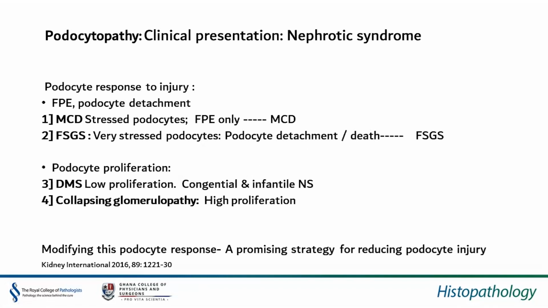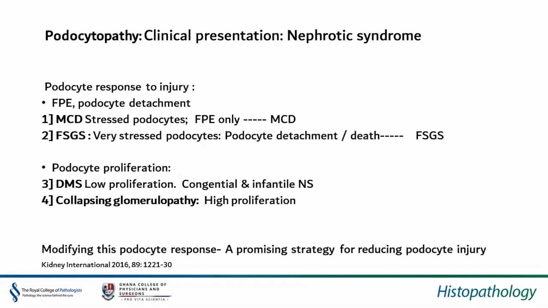Each of us has a fixed number of podocytes in our kidneys, and loss of podocytes is one of the important causes of glomerulosclerosis. So if there is podocyte detachment or death, that results in bare areas along the glomerular basement membrane. And these bare areas, the glomerulus tries to repair.